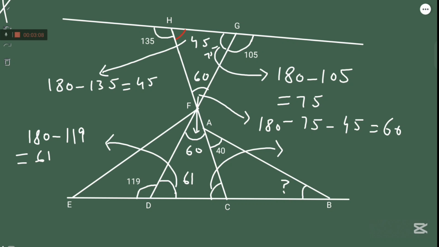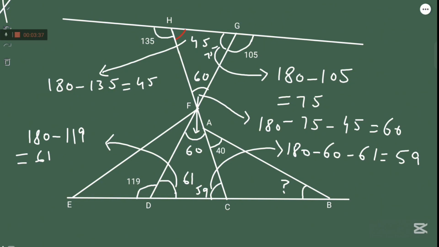Okay, so now we look at angle C. That should be 180 minus 60 minus 61. So this is equal to 59. Okay, so 59.